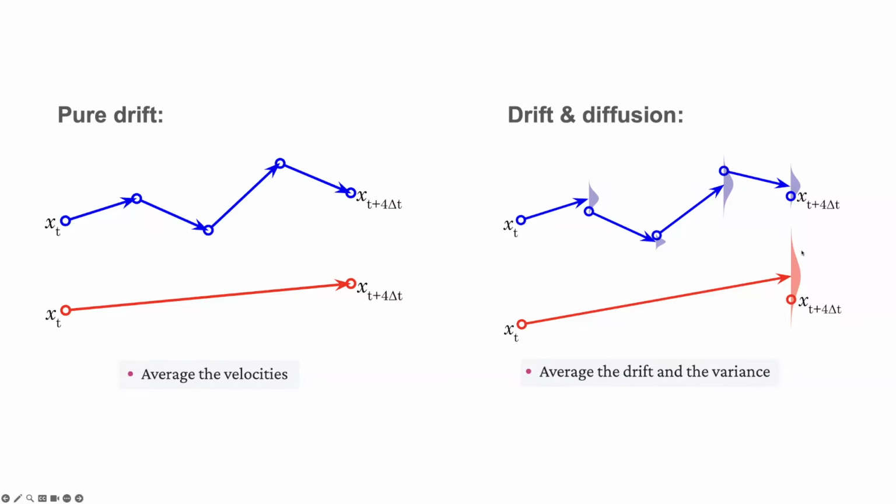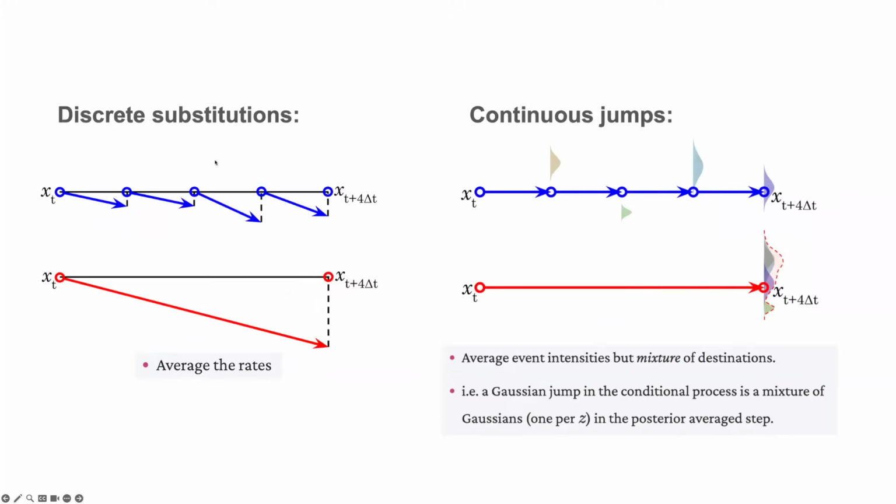And so that's how your variances average in your drift diffusion process. If you have discrete substitutions where you parameterize a change from one discrete state to another via rates, if you think about the cumulative effect of rates of events, the effect is equivalent to the sum of the rates.